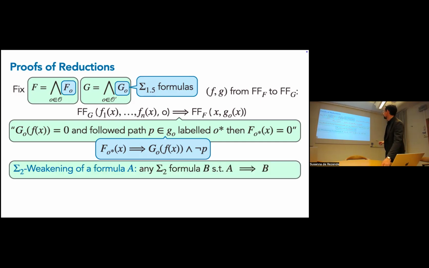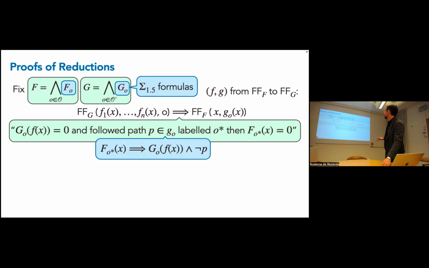Okay, so what this means is, I'm writing this so that you can think about this as like a weakening step in resolution, essentially. But now we're dealing with stronger formulas. So we have this implication that this subformula of F implies this subformula of G after you've composed it with the reduction.